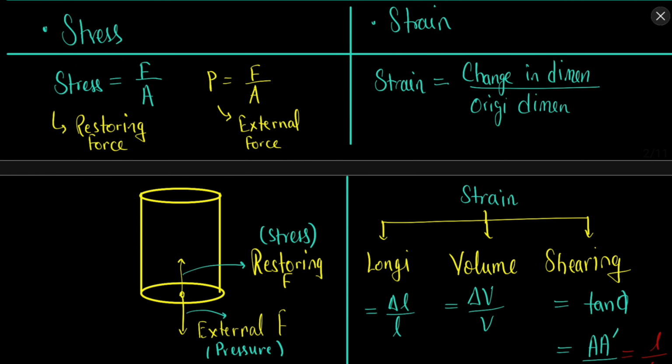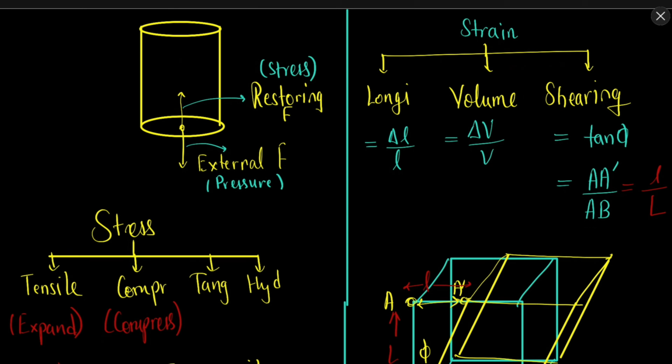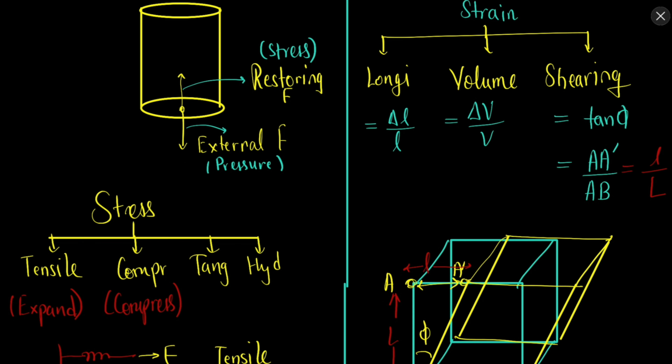Now what is the meaning of this? What is stress? Let's say we have one solid, one object. For example, this cylinder is there, and let's say we are trying to apply some external force on this solid. Let's say the external force is applied in the downward direction, that is, we are trying to pull the cylinder down.